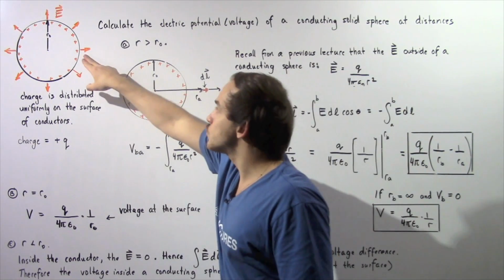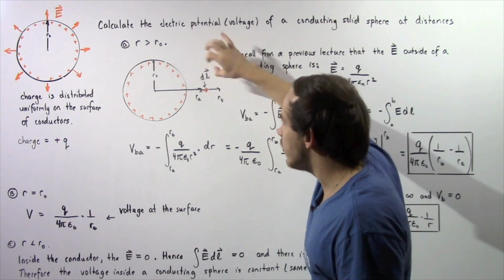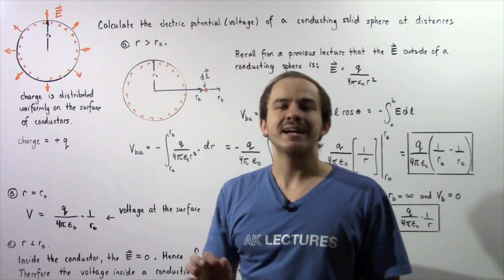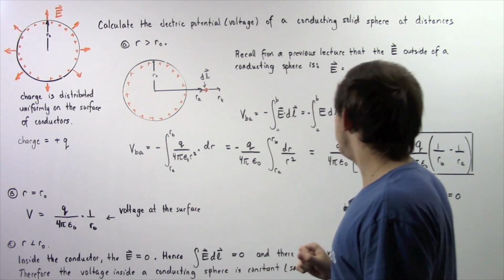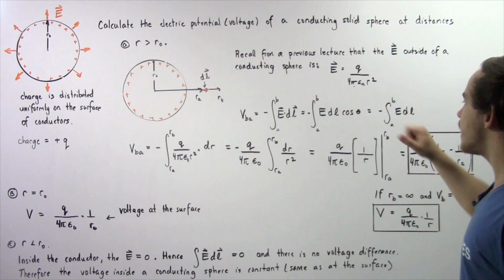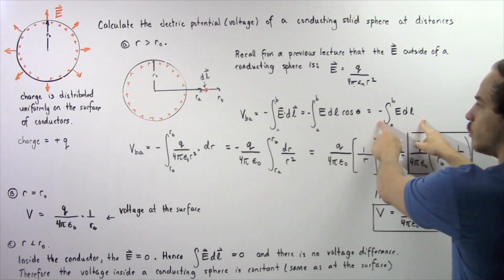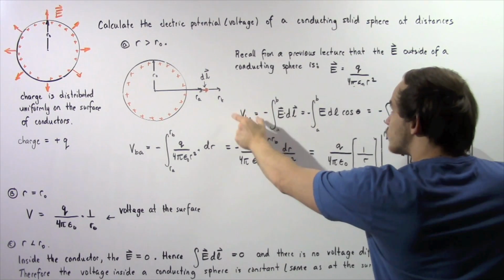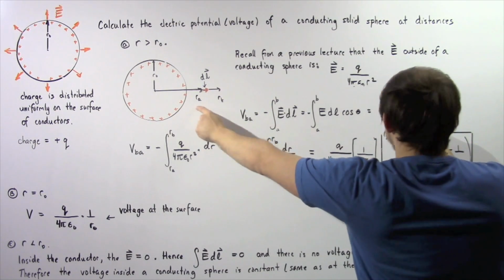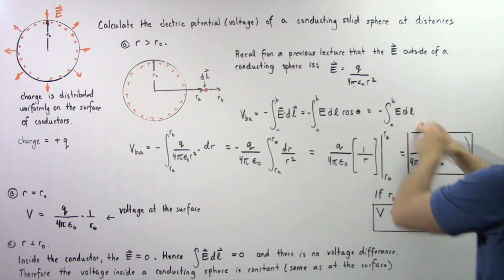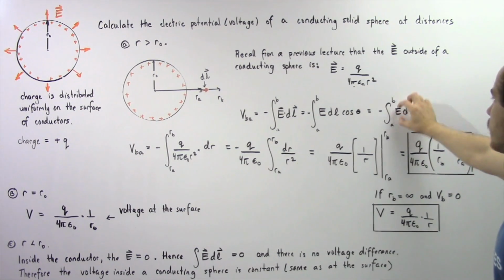Notice that our electric field vector and the dL vector point in the same exact direction. So the angle is 0, and cosine of the angle 0 is 1. So this simply becomes the following quantity. So the electric potential difference between point A and B is equal to negative of the integral E dL from A to point B.